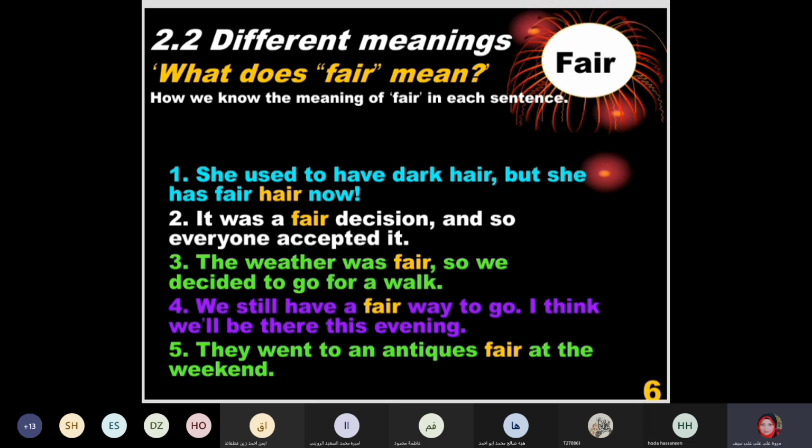So one way to understand new words is through context, which is what comes before and what comes after. Look how versatile the word is. It has lots of meanings. 40% of English words are like this.